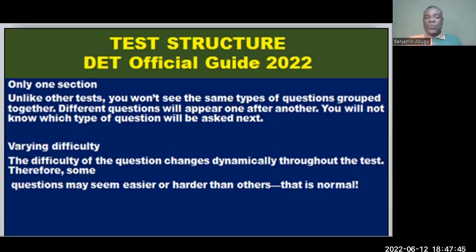You will not know which type of question will be asked next, okay? And then the length will vary as well, okay? The difficulty of the question will change dynamically throughout the test. So some questions may seem easier or harder than others, and that's what you will normally expect in the Duolingo English test.